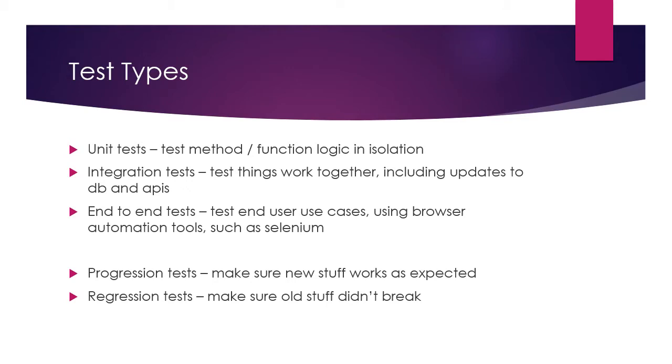And the regression tests are usually the tests that you're going to run to make sure that the new code that you wrote didn't break old code. And as the system grows bigger and bigger and bigger, the size of the regression test is going to go bigger and bigger and bigger. And if you don't have automated testing, then things are going to start breaking more and more frequently, and you're going to get your co-founder struggling with you or something like that.